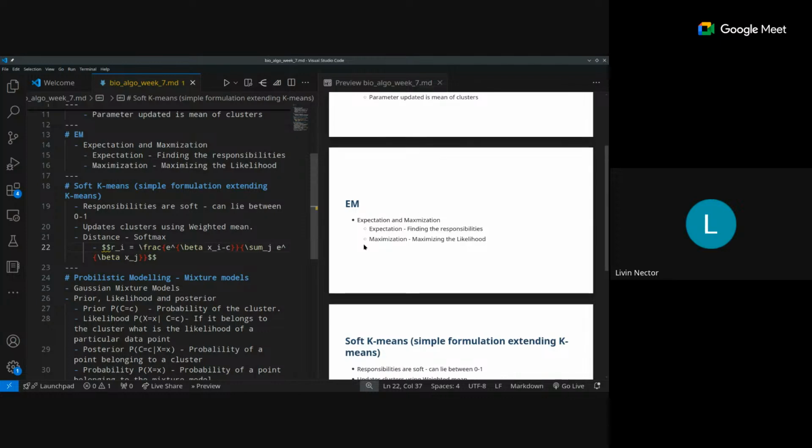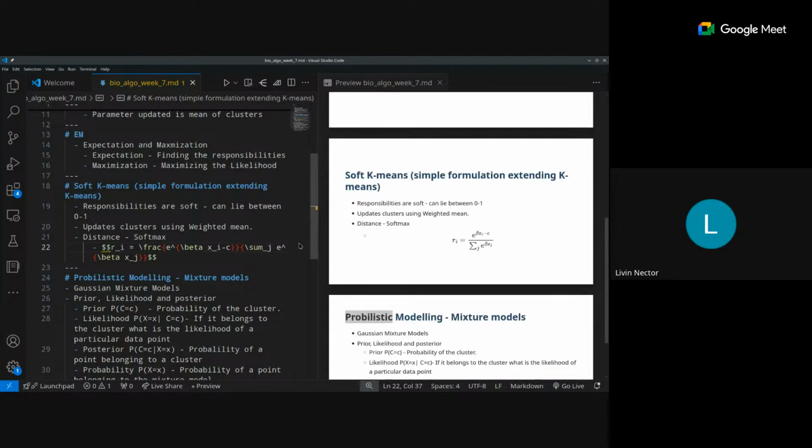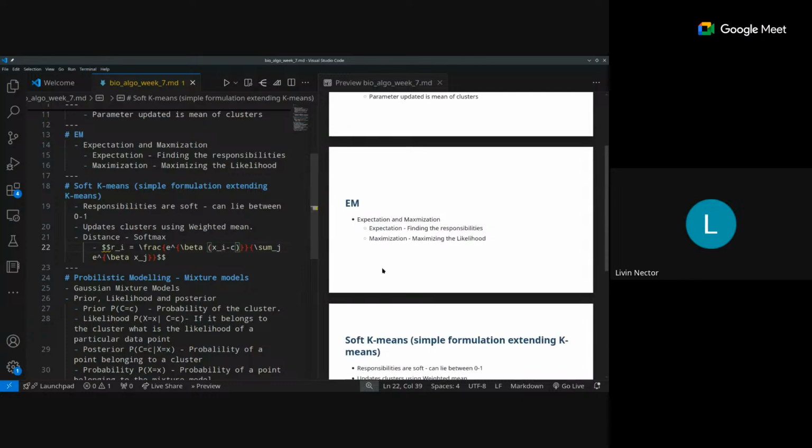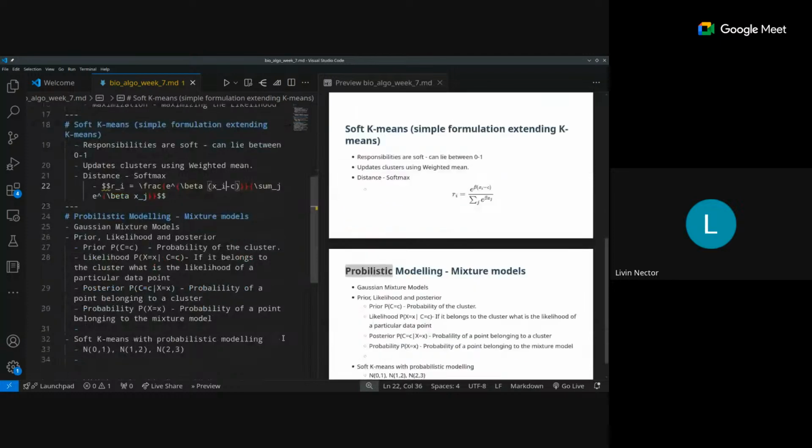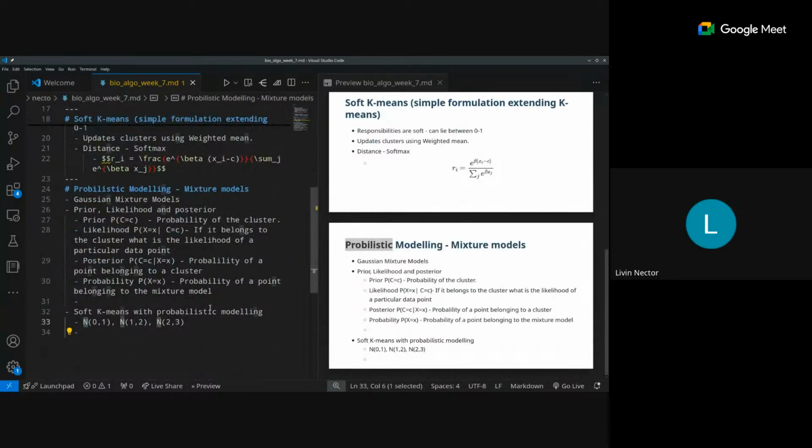We can do something like that, for some cluster, and similarly here also. Basically here also we compute the distance, so we softmax the distance. With the normal distribution formulation we also get an equation similar to this.